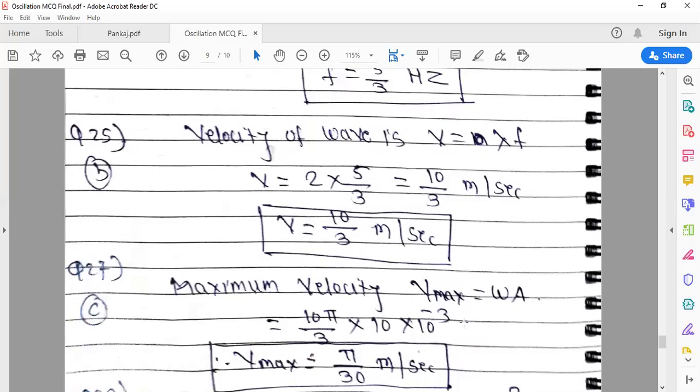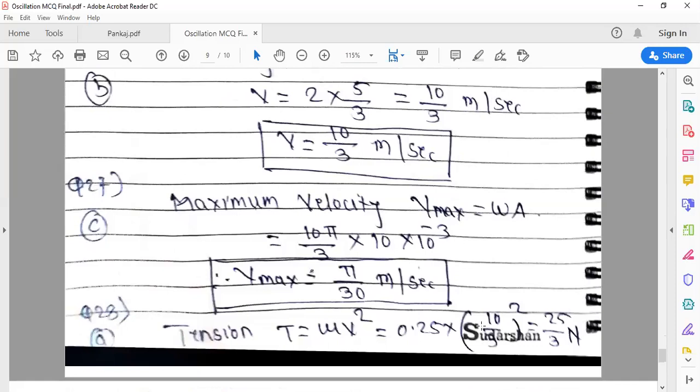Maximum velocity, Vmax is equal to omega A. Omega is equal to 10 pi upon 3 into the amplitude, that is 10 millimeter. Convert this millimeter into the meter. Finally we get Vmax is equal to pi upon 30 meter per second. Next one, that is the tension.